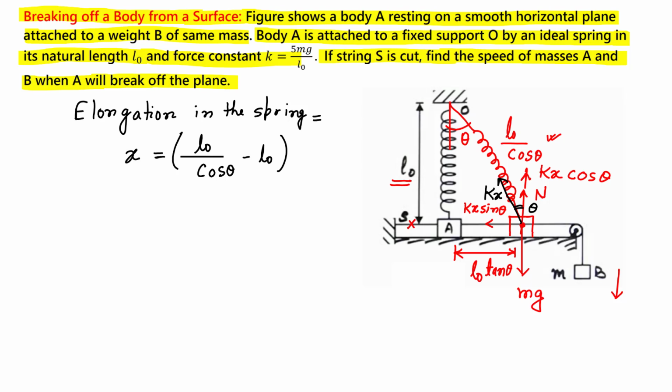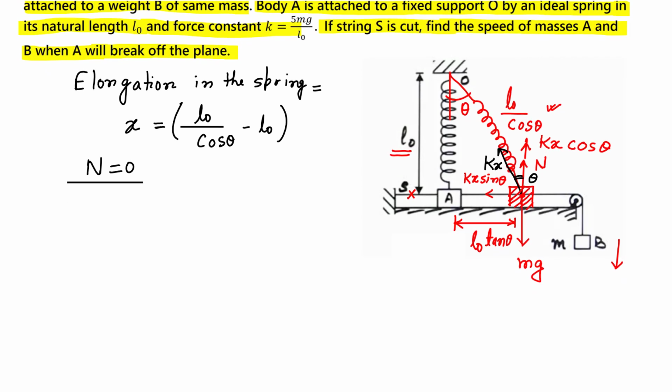Now the question says block A is just going to leave off the plane. This means at the time of leaving off, the normal reaction is equal to 0. So let us write the equation of motion in the vertical direction.